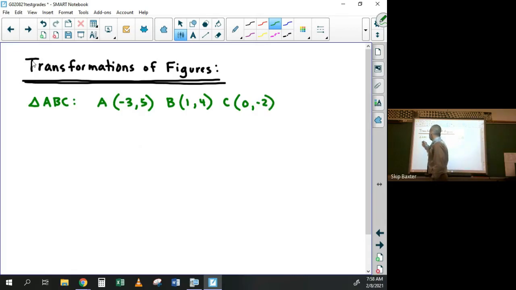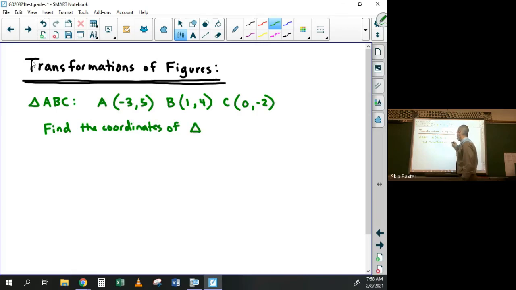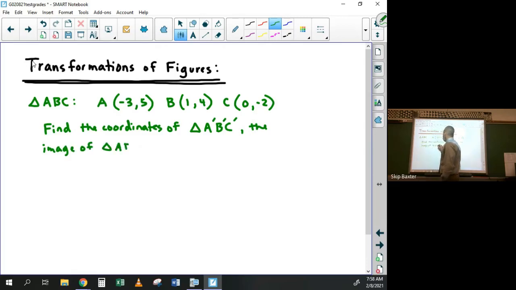They might ask you to find the coordinates of triangle A prime, B prime, C prime, the image of triangle ABC after a translation of 3, -4.